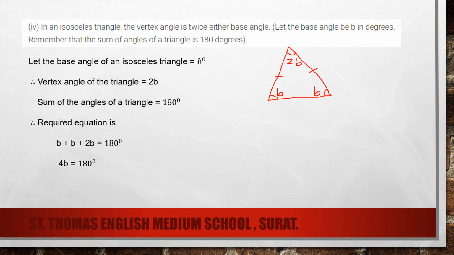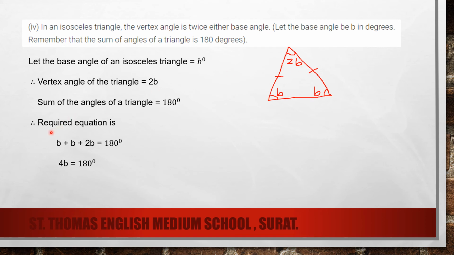It's clear, children? And you already know the sum of angles of a triangle is 180 degrees. Let the base angle of an isosceles triangle be b degrees. Therefore, the vertex angle of the triangle is equal to 2b. Clear? Now, the sum of the angles of a triangle is 180 degrees. What is the meaning of the sum of the angles? b plus 2b.